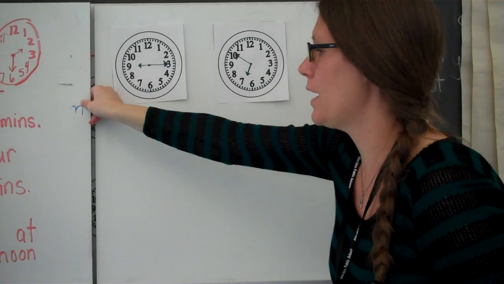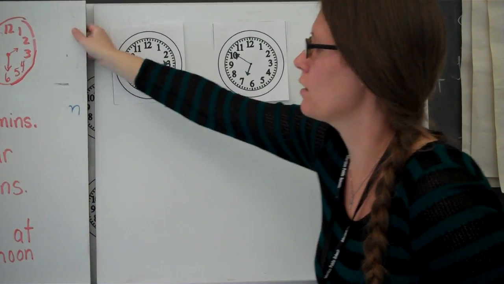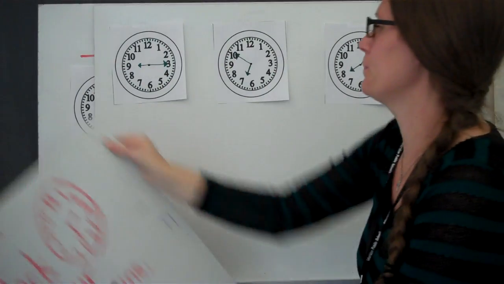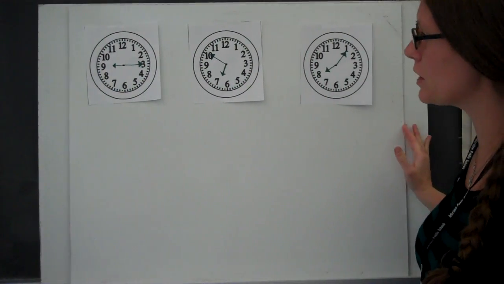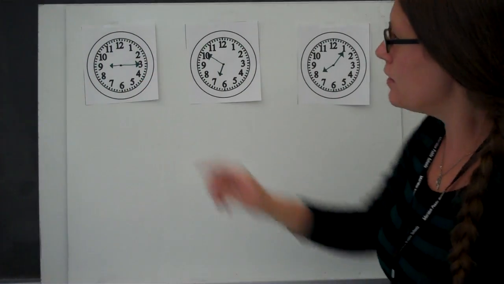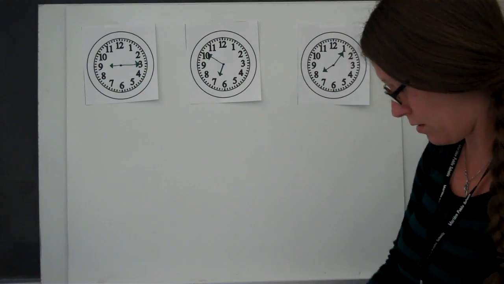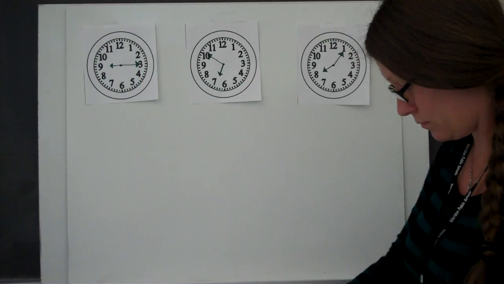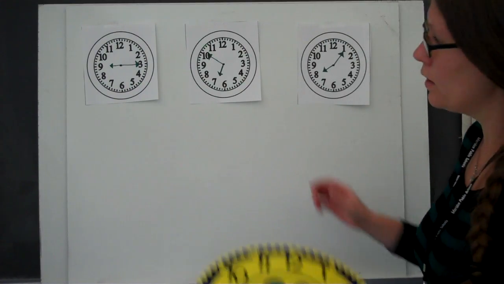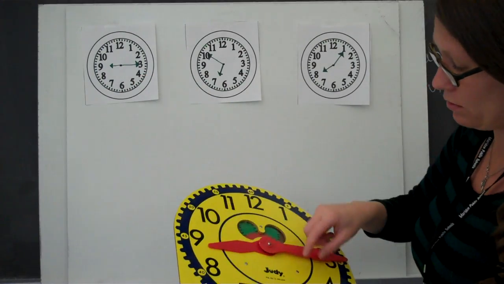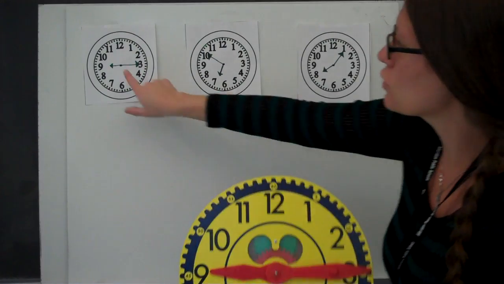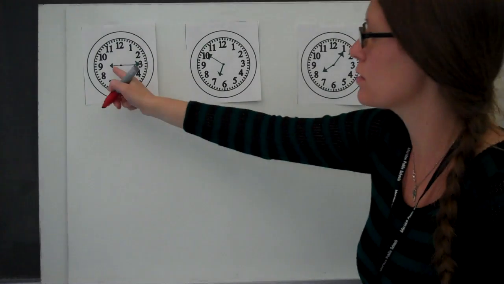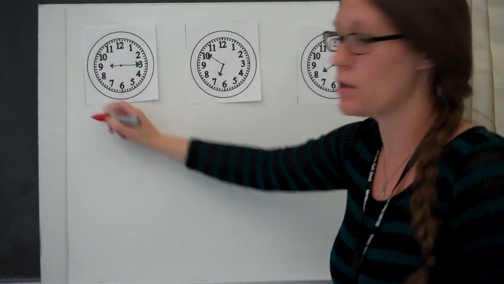All right, so let's look at these clocks that we have here. First ones we have are clocks with hands, and we're going to be able to figure out the time. This clock looks like this. I'm going to put it on my clock. I notice that my shorter hand is my hour hand. I'm going to figure that out first. It's pointing to the 9.